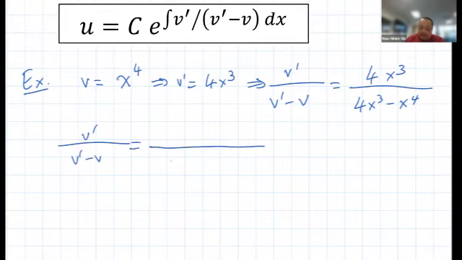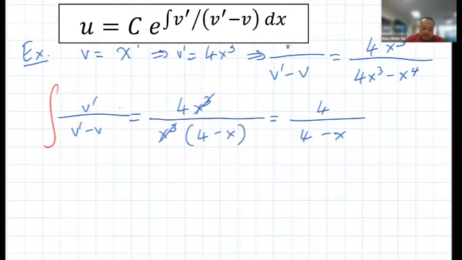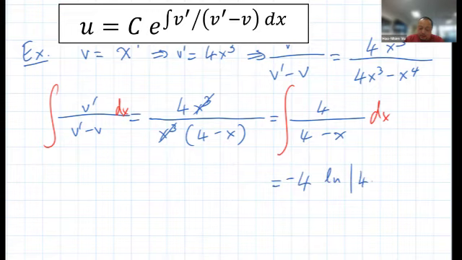I can factor out an x cubed in the denominator, and these cancel and I have just 4 over 4 minus x. Now I integrate both sides. And this one is negative 4 ln of 4 minus x. If I do a quick u substitution where u is equal to 4 minus x, du is minus dx, etc., then I have negative 4 ln of 4 minus x.